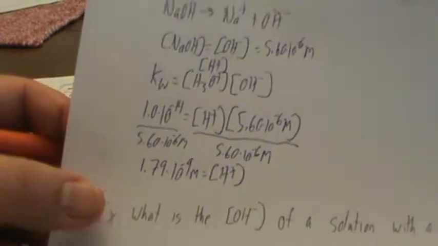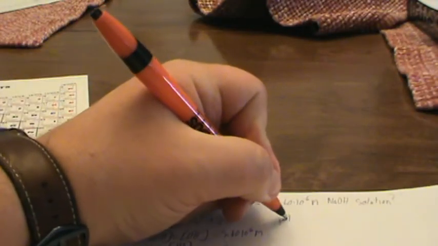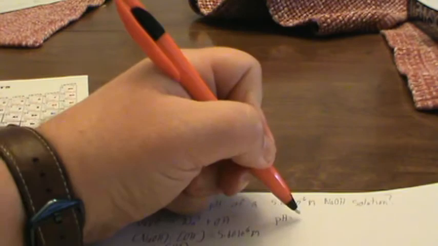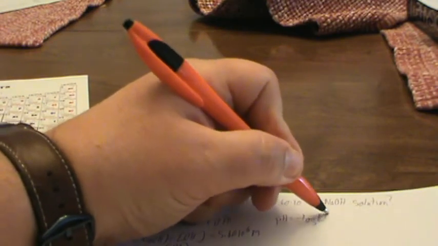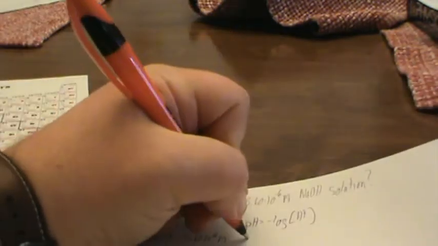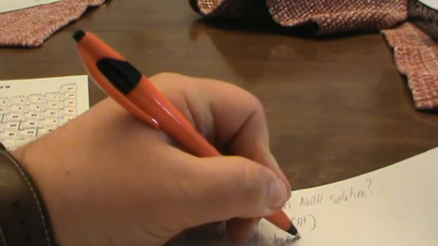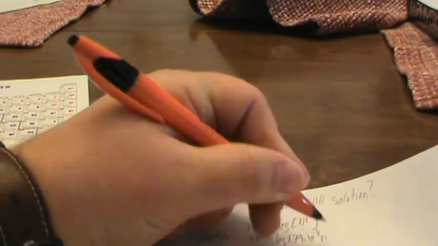Okay, now that we have our hydrogen ion concentration, we can find the pH. If you looked back at the first part of the notes, pH is equal to negative log of the hydrogen ion concentration. So pH is equal to negative log of 1.79 times 10 to the negative 9th molar.